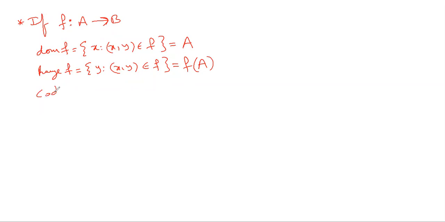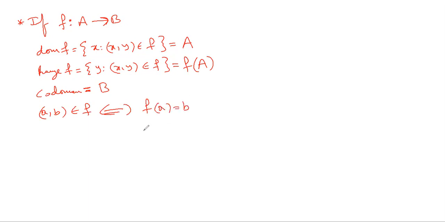And codomain is as usual, the second set B is the codomain. As a relation, the first set has no name, but as a function, the first set itself is the domain. That's the observation. And along with this, we have these observations also. (a, b) belongs to f implies and is implied by f of a is equal to b.